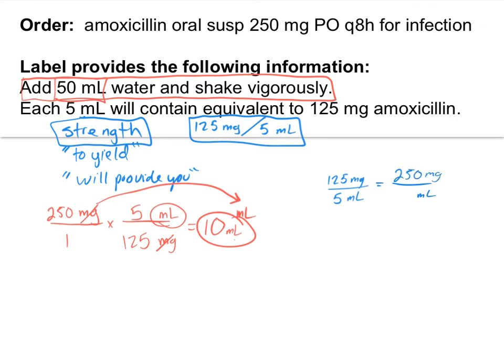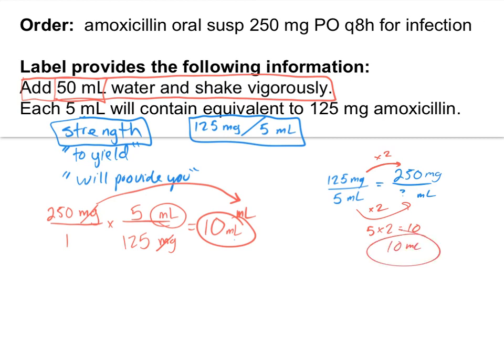We can solve this using a number of different ways. Cross multiplication is one, or we could look to see, well, I noticed that the milligrams are increasing by a factor of 2. That's telling me the milliliters need to increase by a factor of 2. 5 times 2 is 10, so 10 mLs.